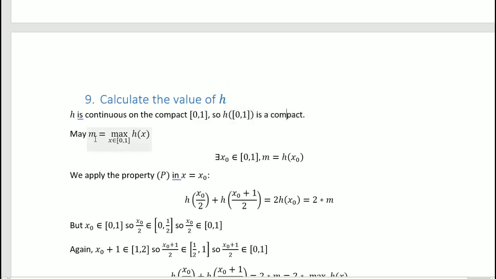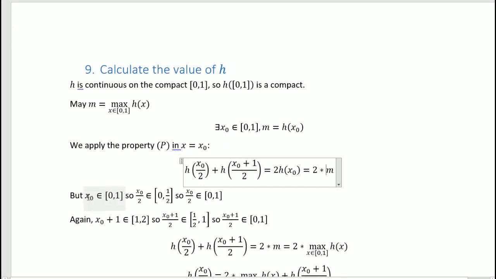So you can define m as being the maximum of h of x in the compact 0, 1. So there exists x0 in the compact 0, 1, so that m equals h of x0. So we apply the property P in x equal x0. So we get this, and we get that it's equal to 2m.